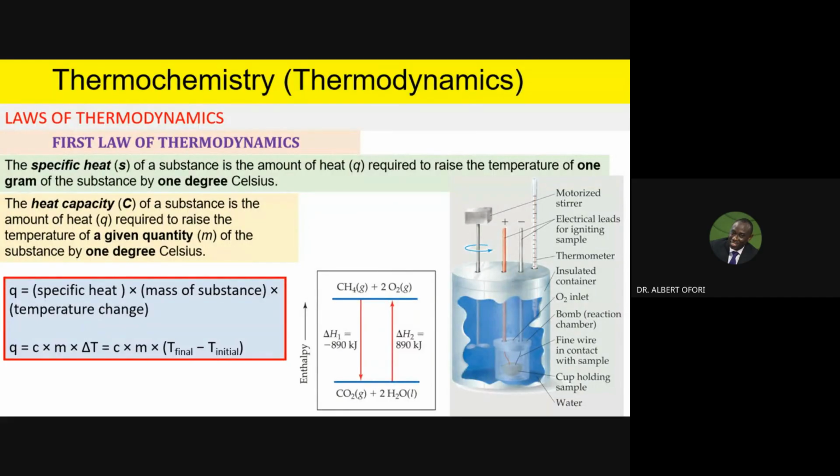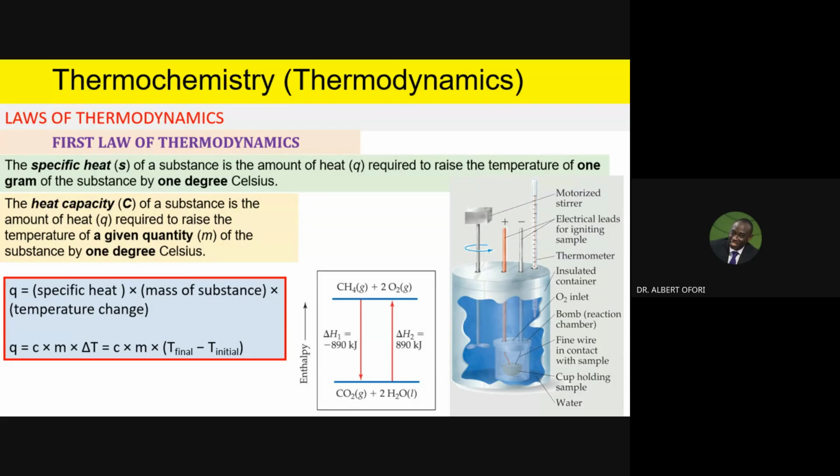If we want to measure heat, we consider the concept of temperature changes. Temperature moves from one point to another, changing in degrees Celsius or Kelvin, and that helps us to measure heat. But again, heat is not the same as temperature.